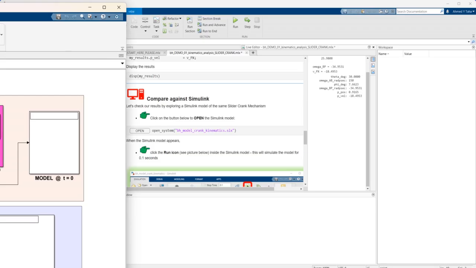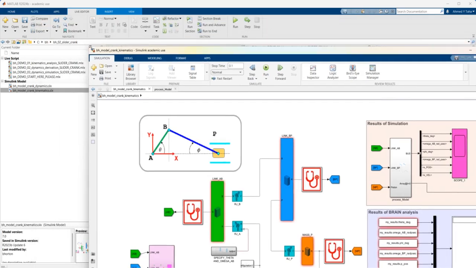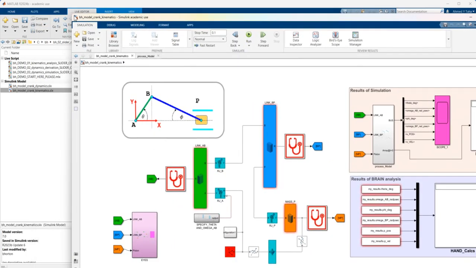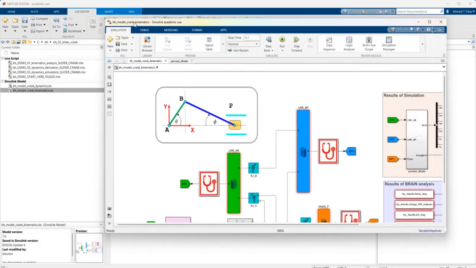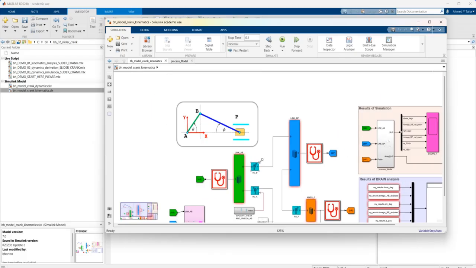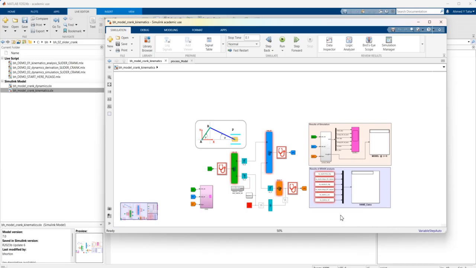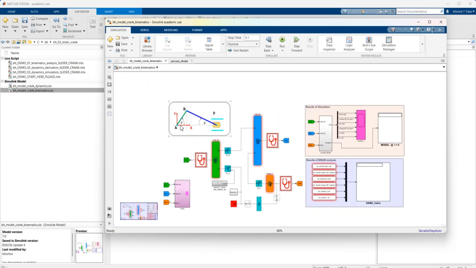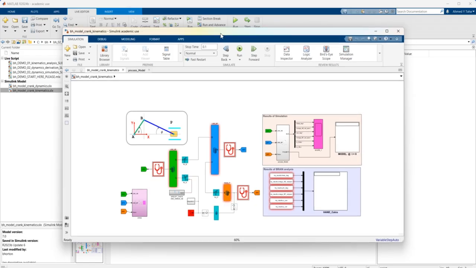It's opened on the other side of my screen. Zoom out by rolling the mouse. Okay, now we have it open. We need just to click on the run icon, and then we'll see what will happen.